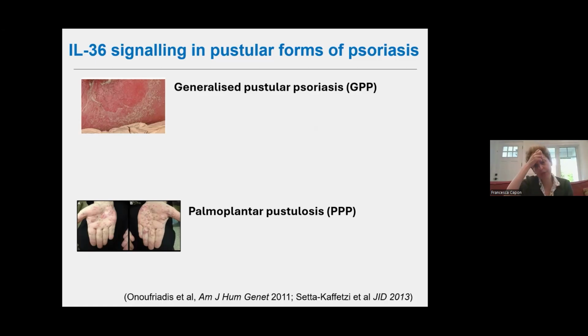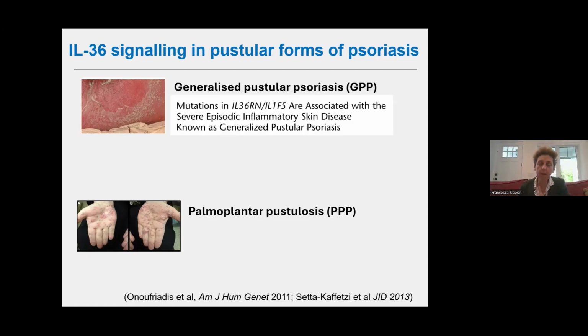And almost 15 years ago now, our lab and the group led by Hervé Bachelet in Paris found that generalized pustular psoriasis is associated with recessive mutations in a gene called IL36RN. And we also showed that these mutations caused uncontrolled IL-36 signaling.